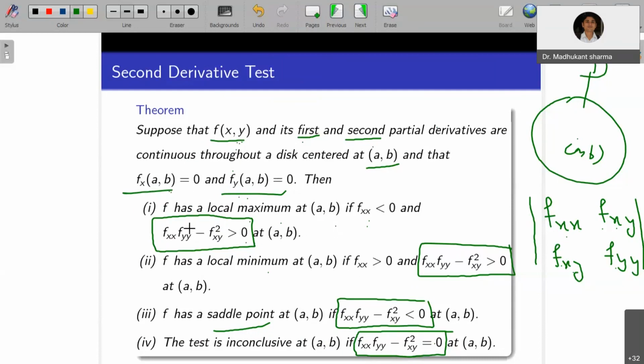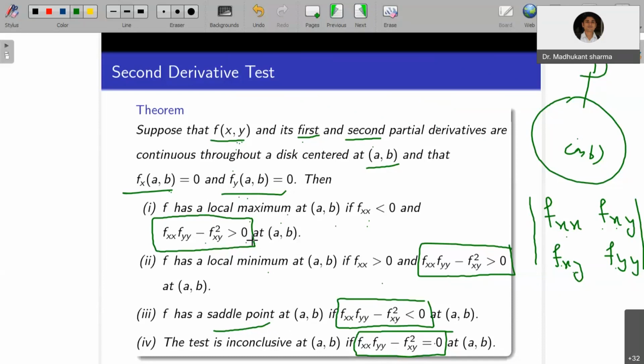Then you have to check the sign of that determinant, fxx into fyy minus fxy square. If this is greater than 0, then you can say local maxima or local minima. If it is less than 0 at that point, you can say saddle point. If it equals 0, then the test is inconclusive.